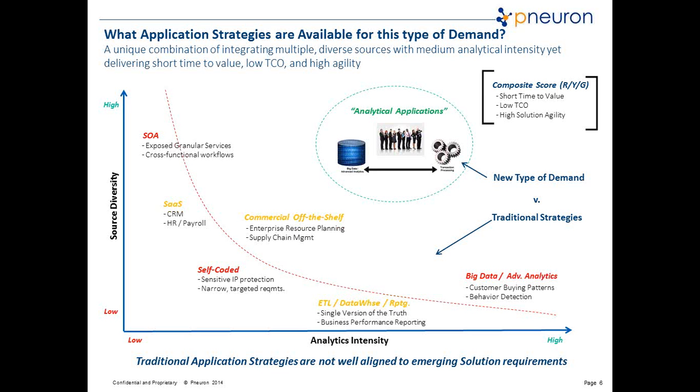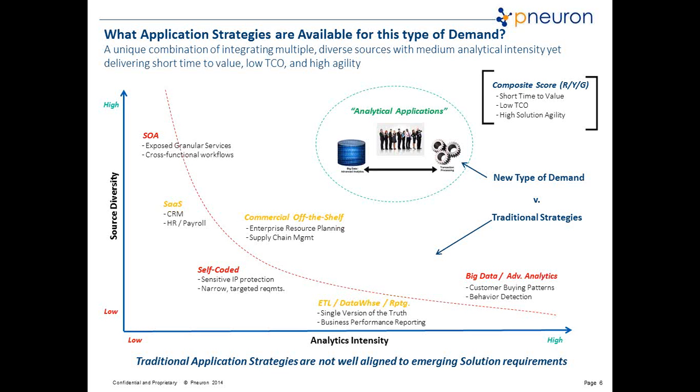This new category really requires a rethinking of the strategy you can apply to deal with a diverse set of sources, while also embedding a core element of analytics to help you rapidly solve these problems. You simply can't afford to deal with the very heavy prerequisites of either complex systems integration or the massive data centralization, normalization, and optimization challenges that you would see in big data or even in the data warehouse arena.